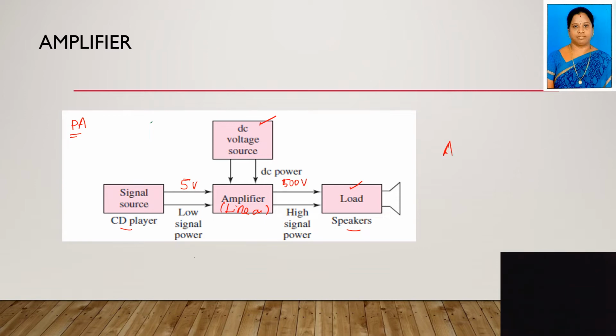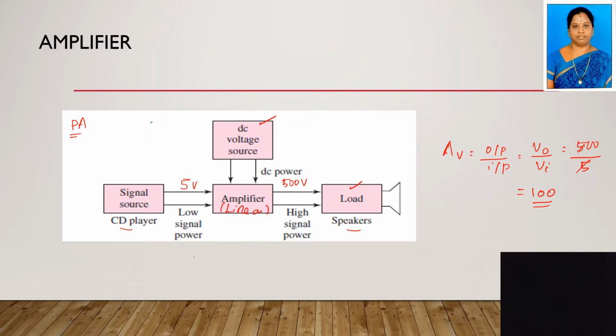So the voltage gain equals output voltage by input voltage, which is Vo by Vi. So Vo is 500 and Vi is 5. So the gain is 100. There is no unit for the gain. Clear? So this is the example for public addressing system.